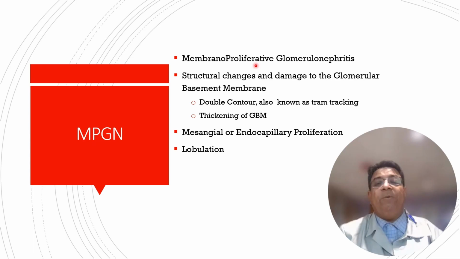That proliferation can be mesangial proliferation or endocapillary proliferation. And there's usually lobulation. Damage to the glomerular basement membrane manifests as double contour, also known as tram tracking, and thickening of the glomerular basement membrane.